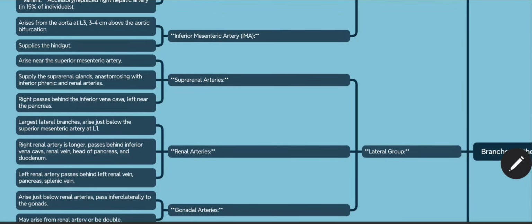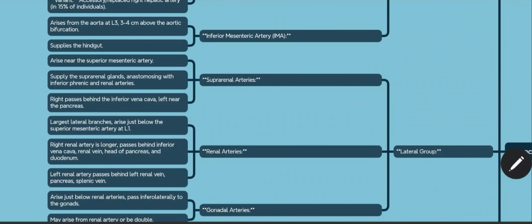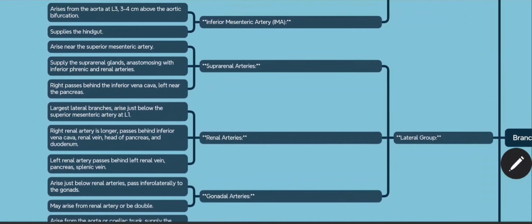The lateral group is the suprarenal arteries, renal arteries, and gonadal arteries. Suprarenal arteries arise near the superior mesenteric artery and supply the suprarenal glands, anastomosing with the inferior phrenic and renal arteries. The right one passes behind the inferior vena cava, the left one near the pancreas. Renal arteries are the largest lateral branches, arising just below the superior mesenteric artery at L1.